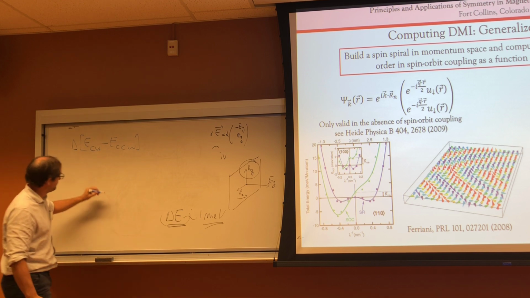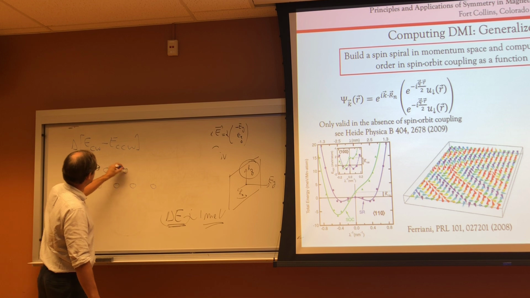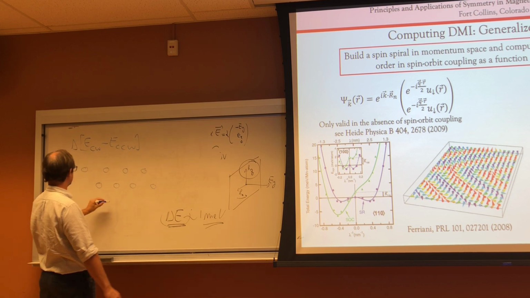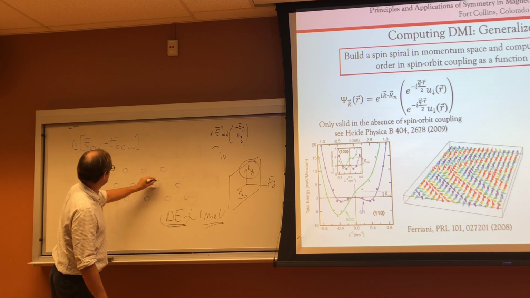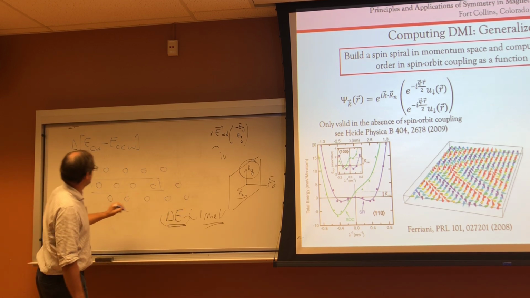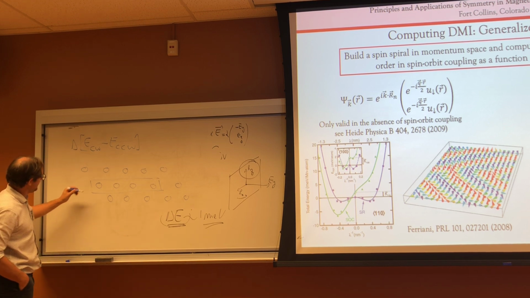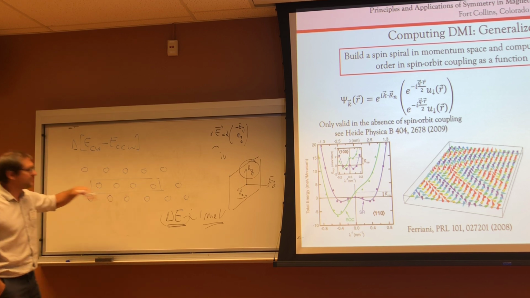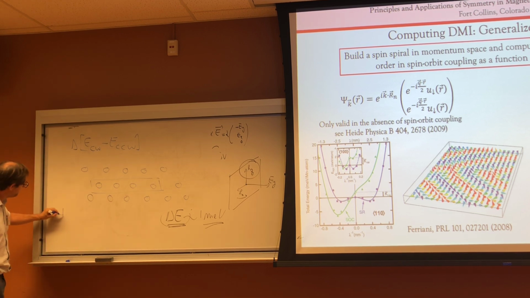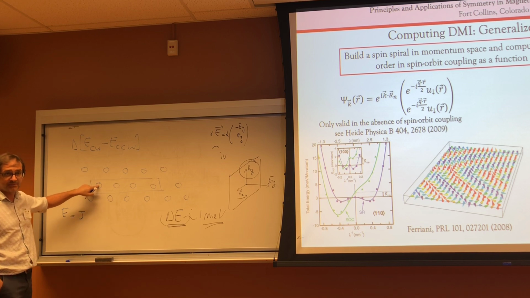Now what you need. So let's say you have your unit cell here. I'm just showing the magnetic atoms. And now what you need to do is to say, okay, I have other atoms here. I'm going to model my magnetic energy. So the energy of my spiral will be the exchange between this guy and his nearest neighbors.